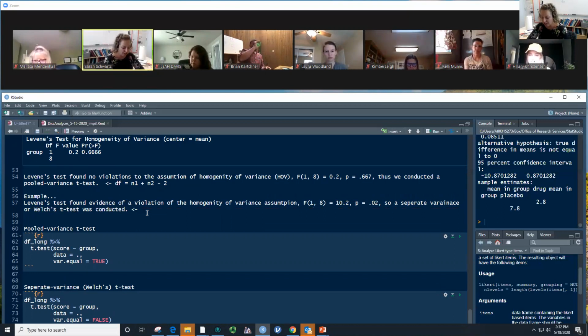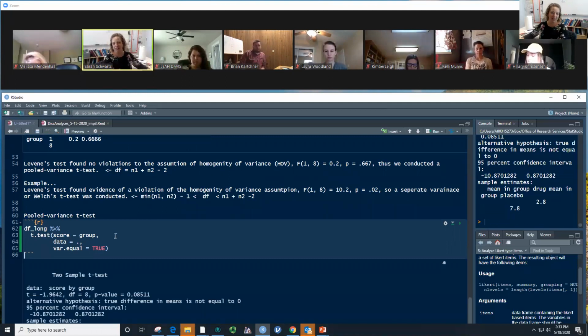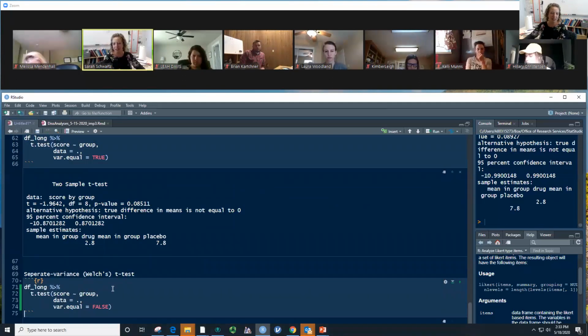The degrees of freedom are between the smaller sample size minus 1 and the combined sample size minus 2. And what number it actually is depends on the asymmetry or the unbalancedness of the spreads, the standard deviations.